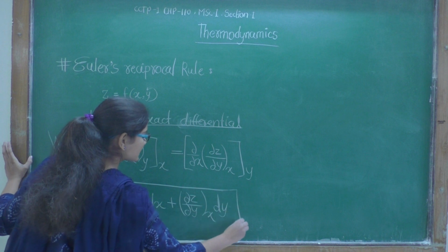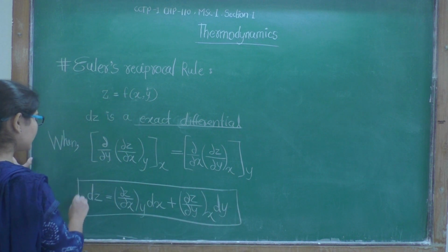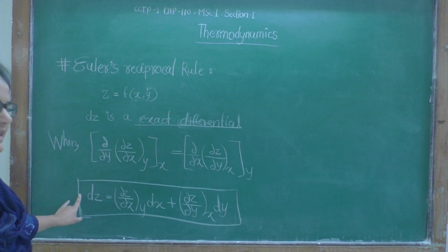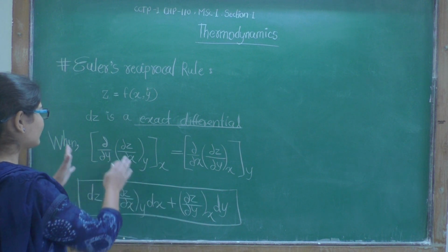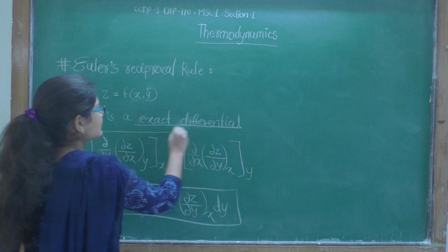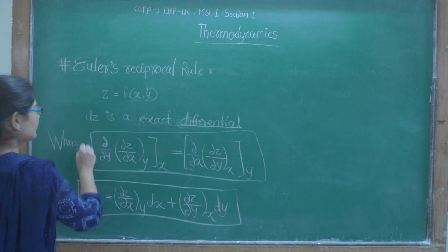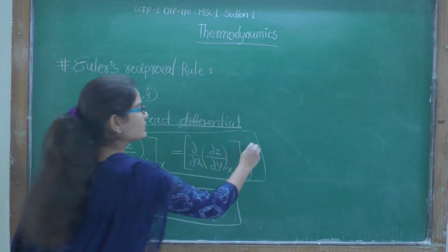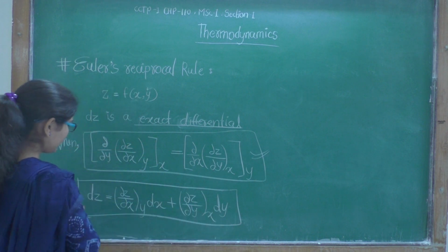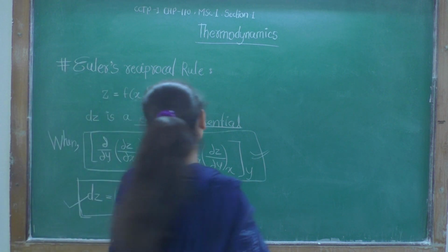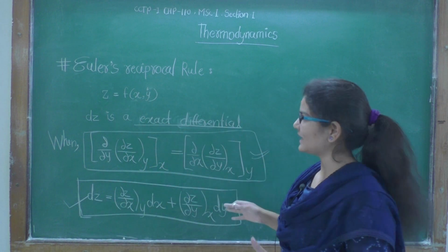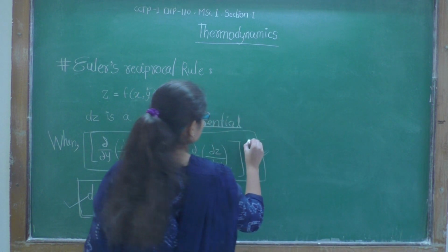This is the exact differential of z, and it is written in this form only if this condition is followed. This is what Euler's reciprocal rule states.